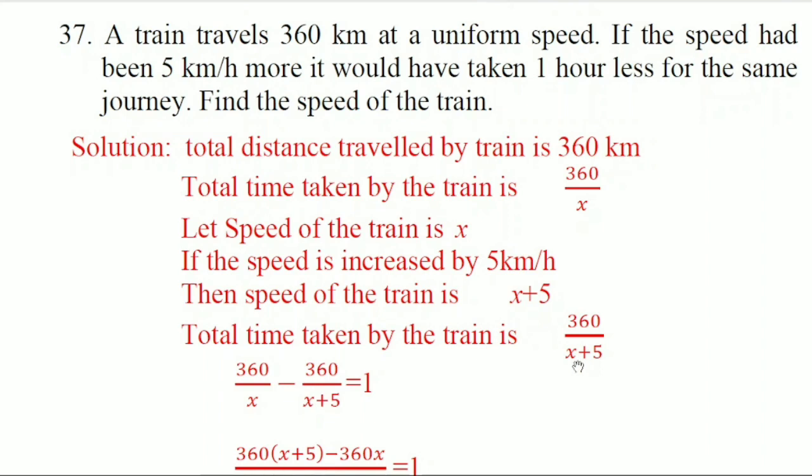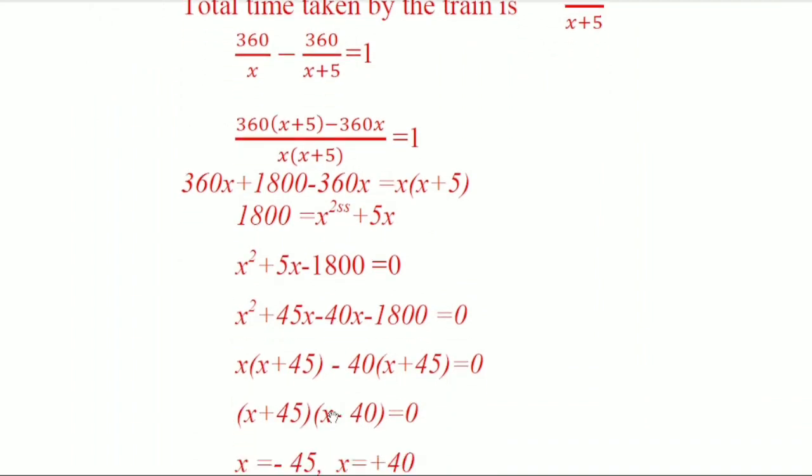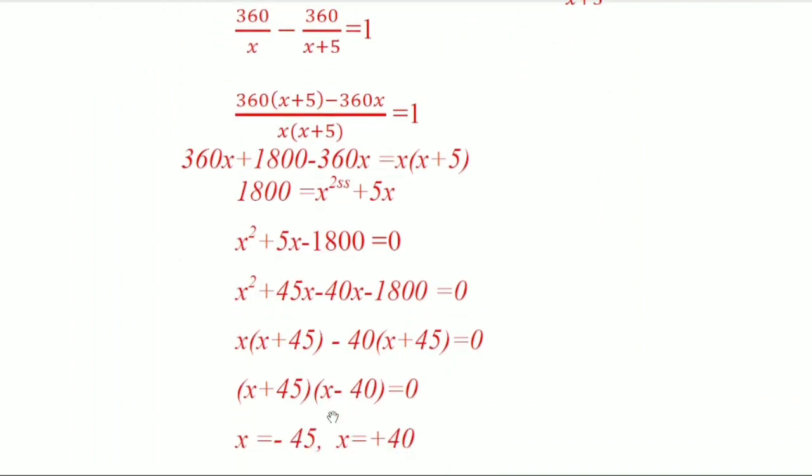So we got the equation: 360 by x minus 360 by x plus 5 equals 1. Therefore I am taking LCM. The LCM will become x into x plus 5. Therefore 360 into x plus 5 minus 360 into x equals 1 times x into x plus 5.